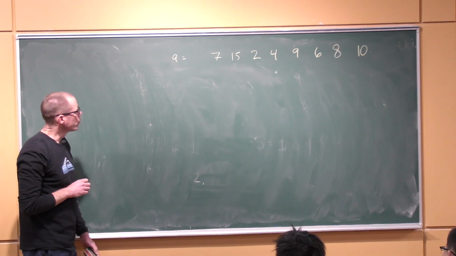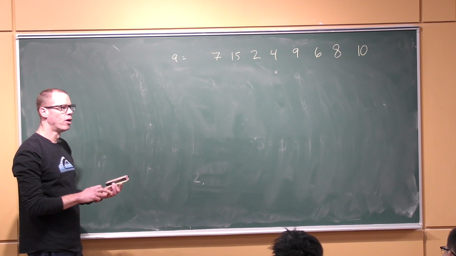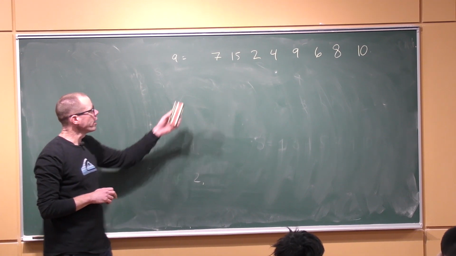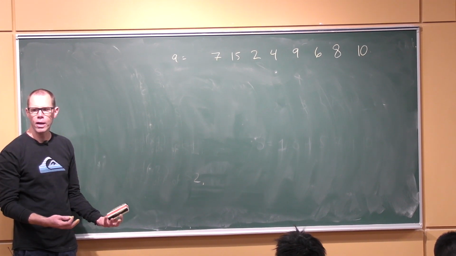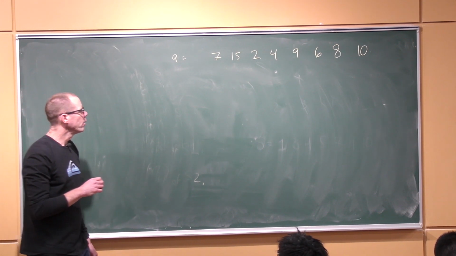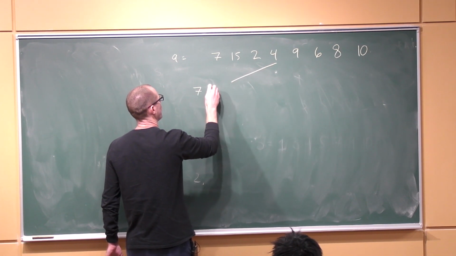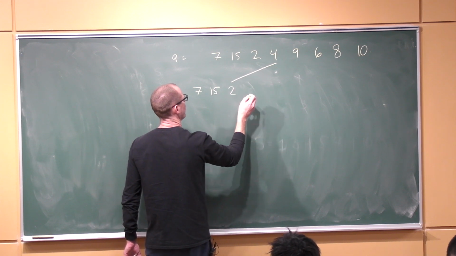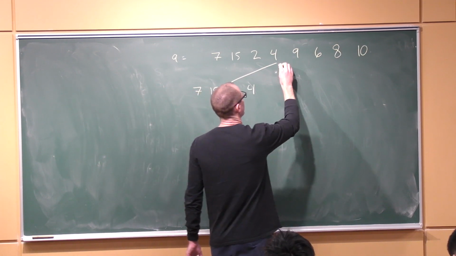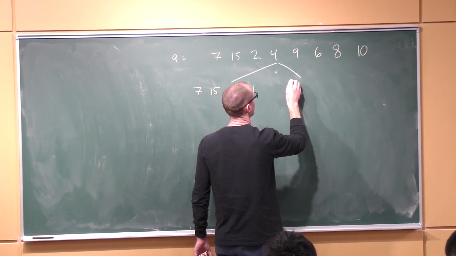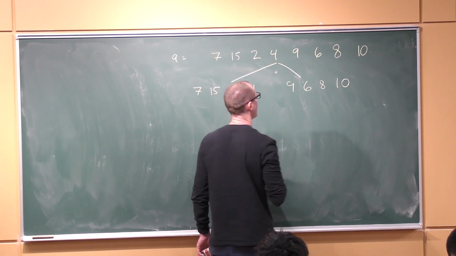The first thing that MergeSort does is check if the list is of size 0 or of size 1, and it's not. So it's going to split the list into the first half, that's the L1, and a second half, that's the L2.